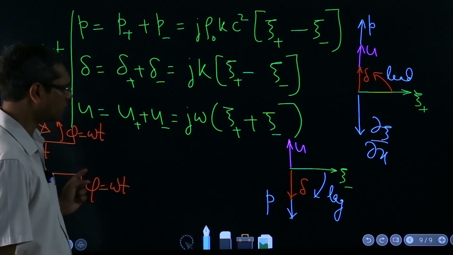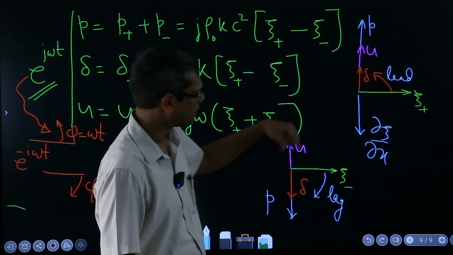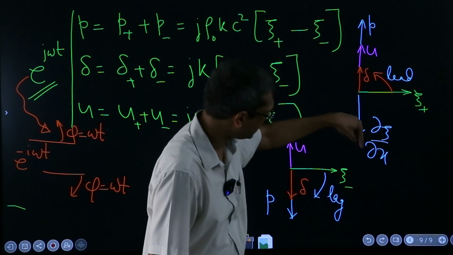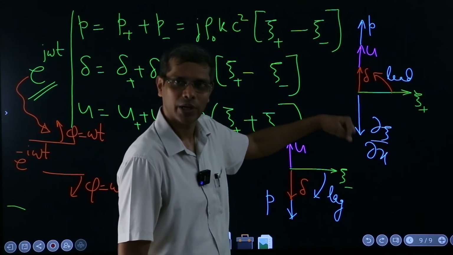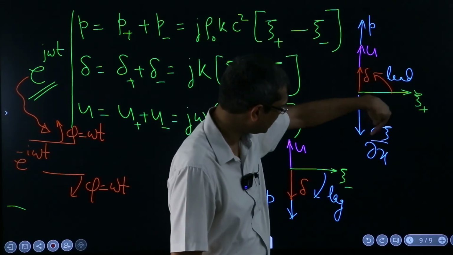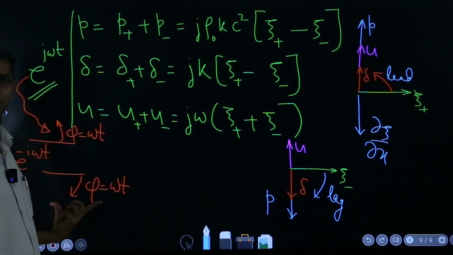Because if you try to draw the pressure in this case with the other convention, all these three things will be in this direction, but you will have to say that they are leading the displacement because the leading direction is this in the minus I omega t convention.